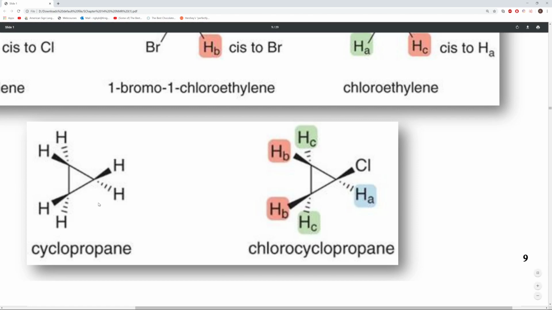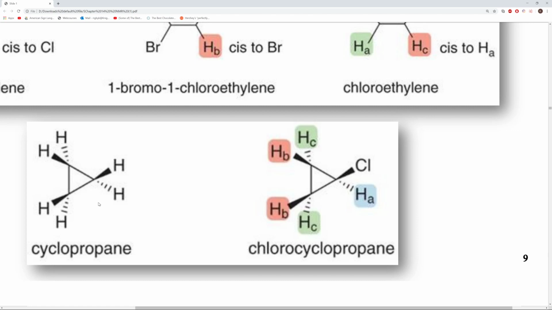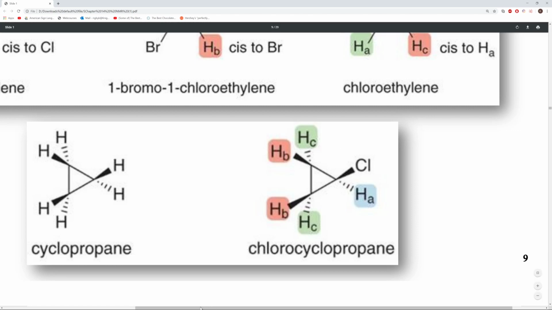Like if we look at the left at just the cyclopropane, they're all perfectly equivalent. But here, while the carbons are equivalent, the hydrogens on them are not. So the hydrogens are going to be associated with other hydrogens on the equivalent carbon. I know that might be confusing.